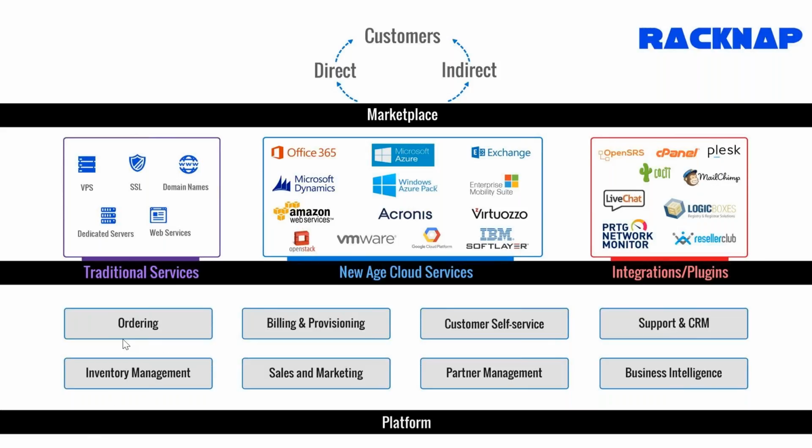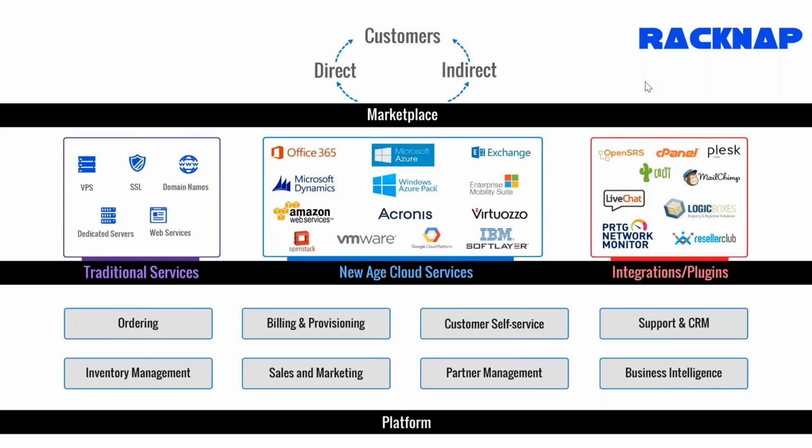If you're offering data center services, which includes, for example, VPSs hosted on your DC or your dedicated servers, RackNAP has an inventory management module helping to track assets in your data center, right from the time it starts in the procurement cycle, along with the purchase order, etc. You can track that from the platform until delivery.